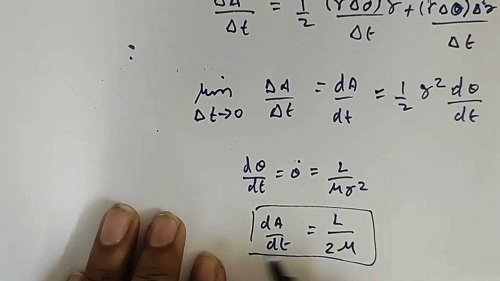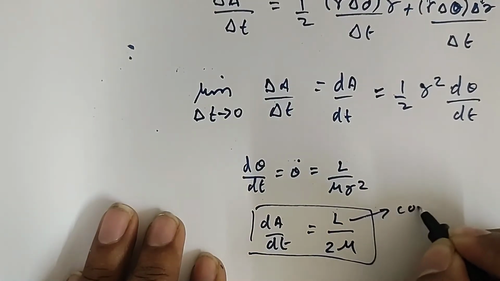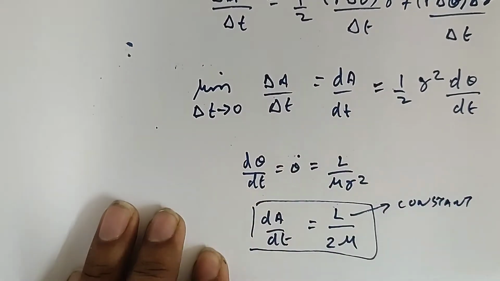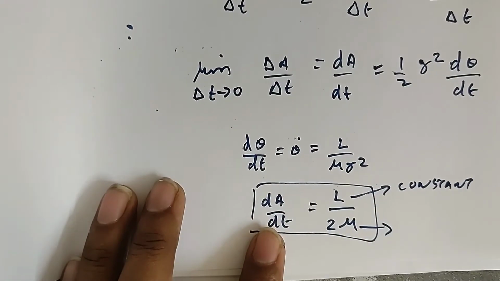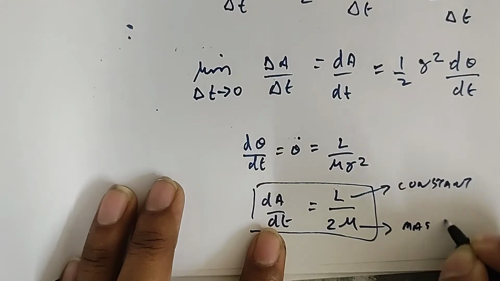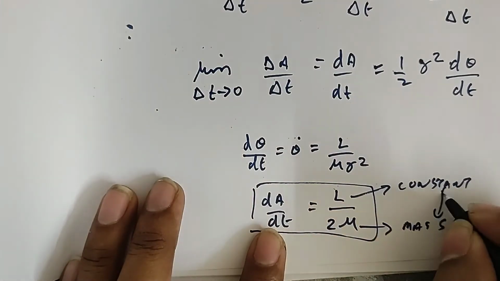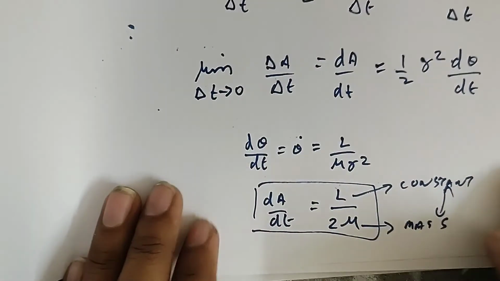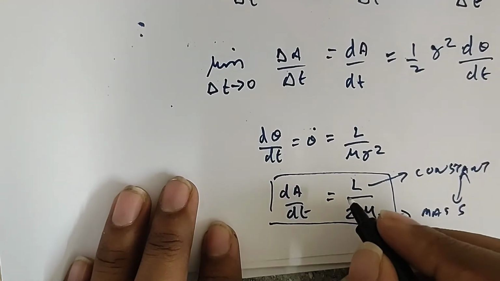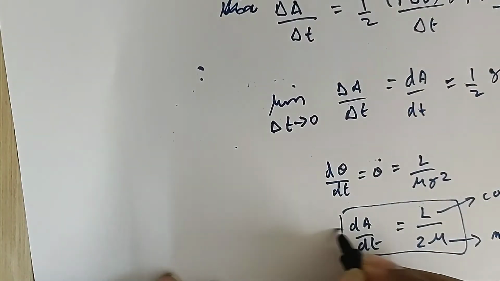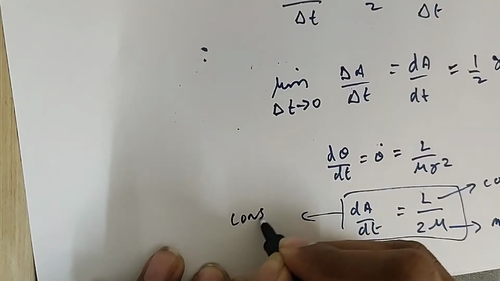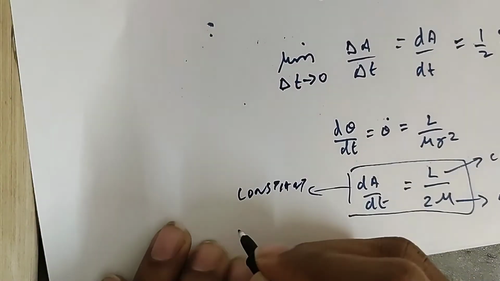Now you see, L is constant. It's one of the constants of motion. Mu is mass, which is also constant. 2 is a number. It is all constant. That means this particular term is also a constant for me.